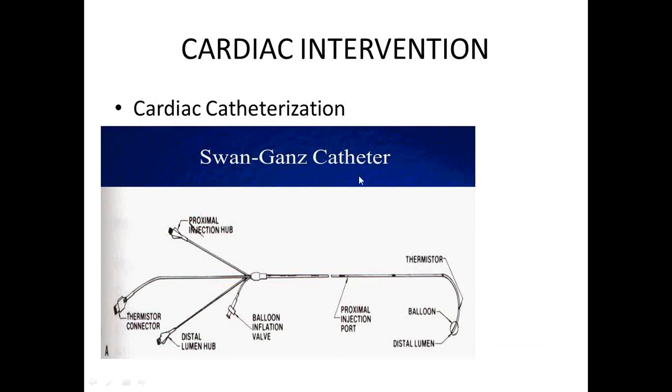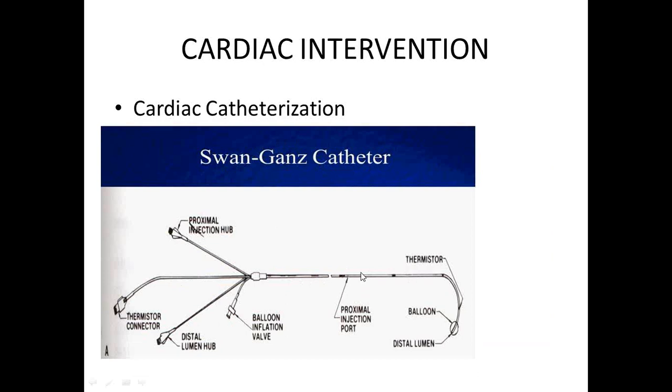So one of the catheters that we use to cannulate the right side of the heart is what we call the Swan-Ganz catheter. And the catheter looks somewhat like that. You have the main portion of the catheter. You will have what we call a proximal injection port, a little hole right here, if you want to inject anything.